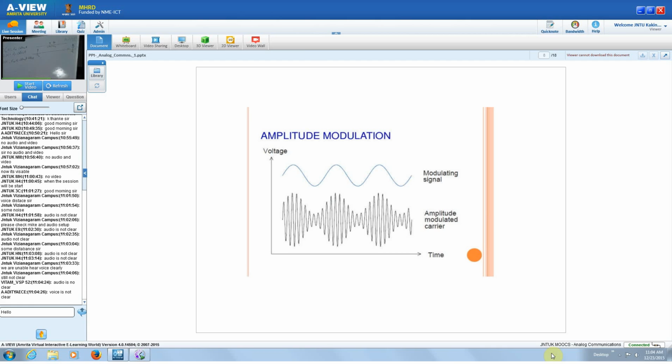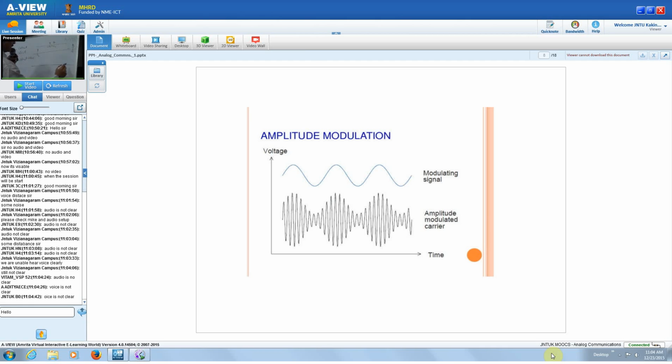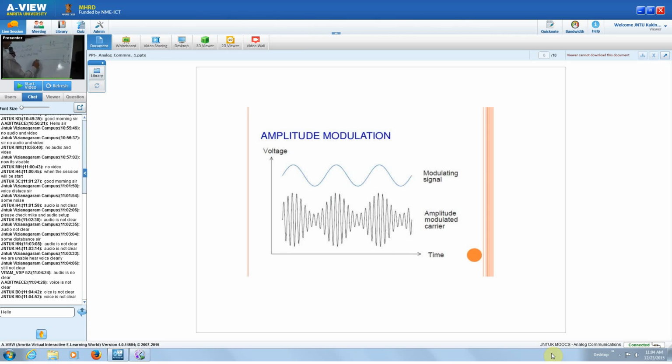Whereas the frequency translated signal will have FC minus FM and FC plus FM, and minus FC plus FM and minus FC minus FM. These are the frequency components that we are going to have, when we have the carrier frequency of FC and the modulating frequency of FM.